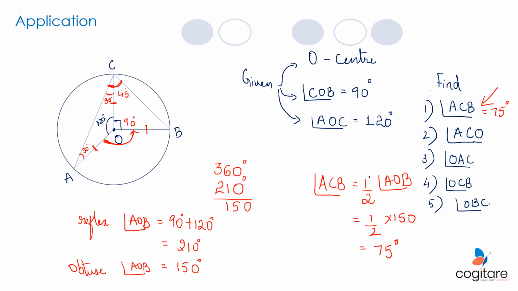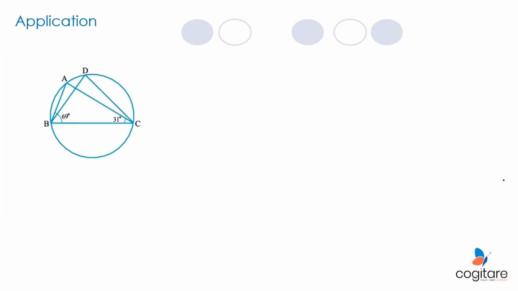It's just that the theorems on circle make it much faster and easier to arrive at the same measure. So that's easy. Now look at ACO, folks. ACO is a 30. We already figured that as part of the isosceles property. OAC is also a 30. OCB is a 45, and OBC is also a 45 degree. Cool, easy, okay. Moving on.